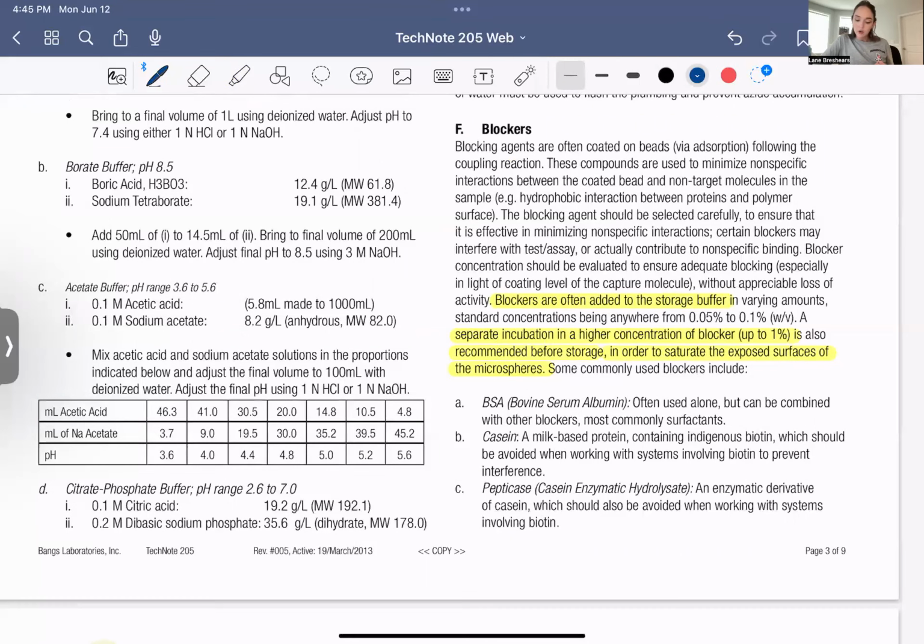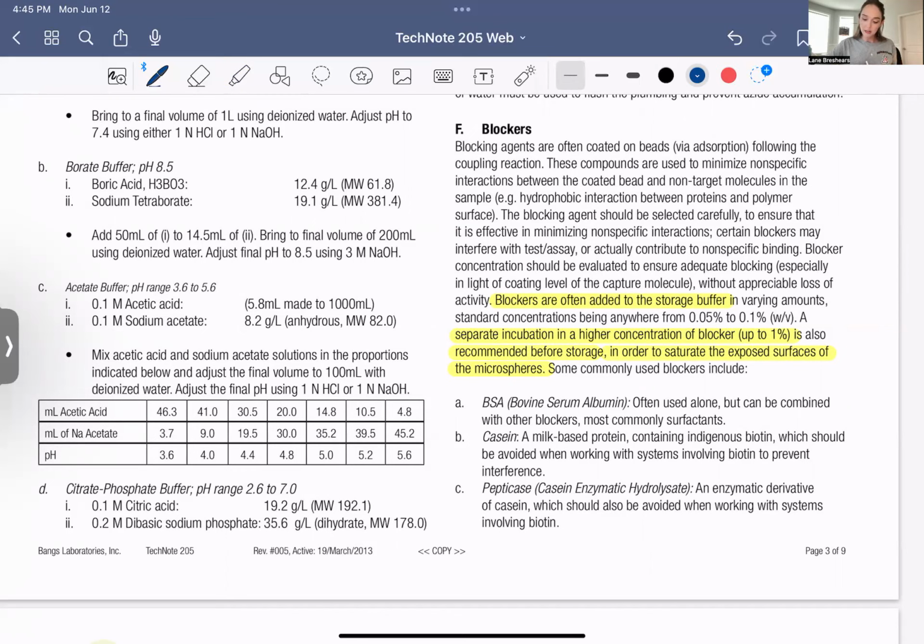Blocking agents are often coated on beads via adsorption following the coupling reaction. These compounds are used to minimize non-specific interactions between the coated bead and non-target molecules in the sample, for example, hydrophobic interaction between proteins and polymer surface. The blocking agent should be selected carefully to ensure that it is effective in minimizing non-specific interactions.